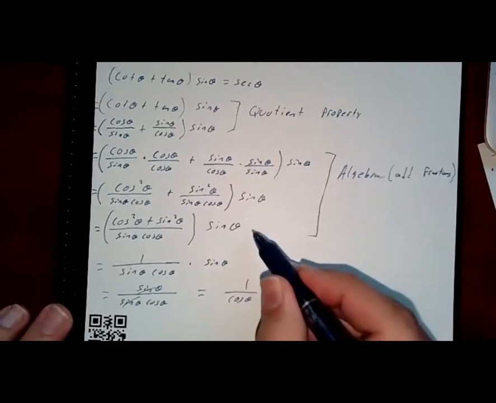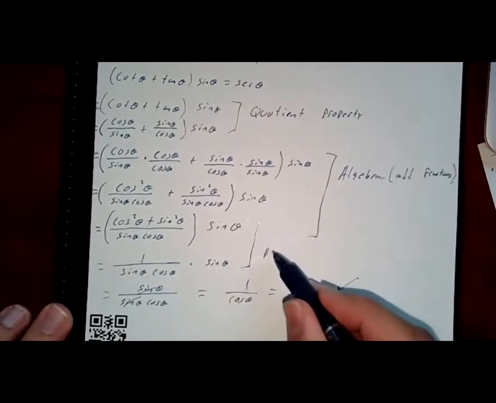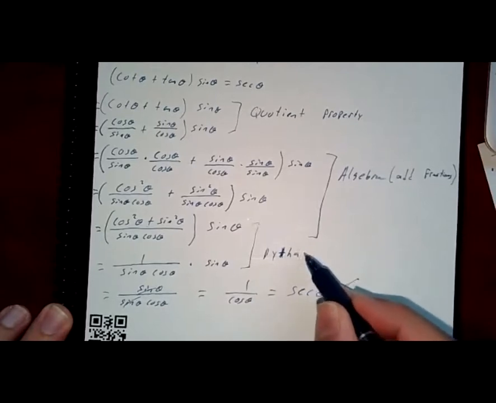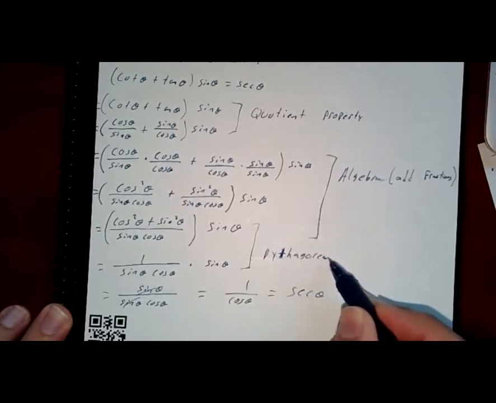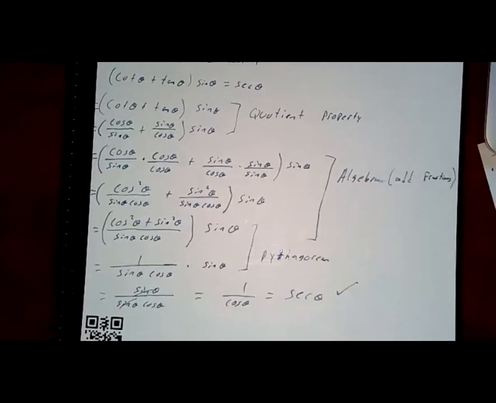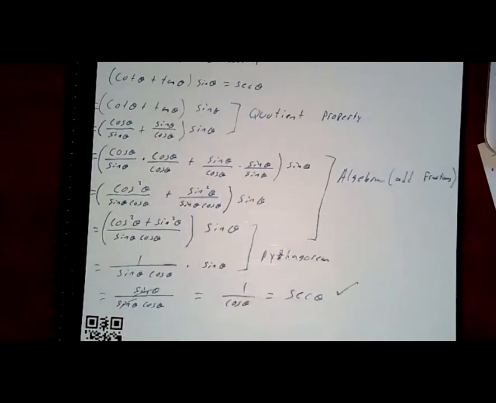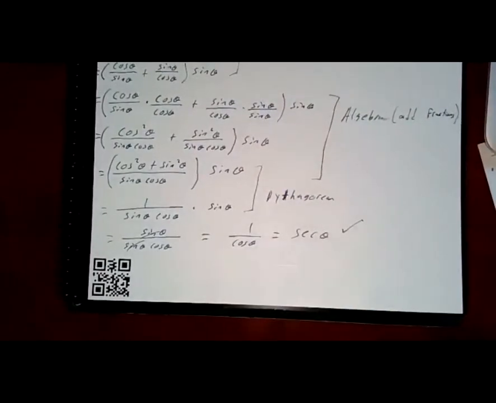So from here to here, we did Pythagorean. So we did all this work to show that the left-hand side is indeed secant. Okay. Do any of the steps not make sense?